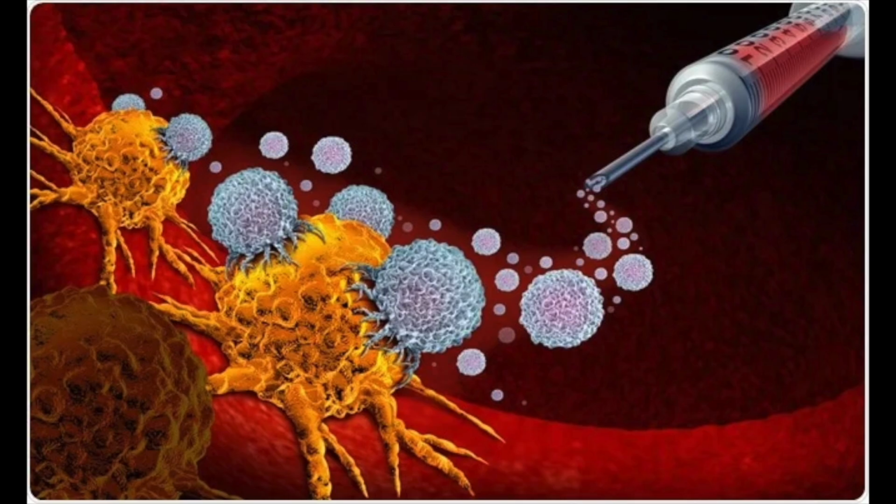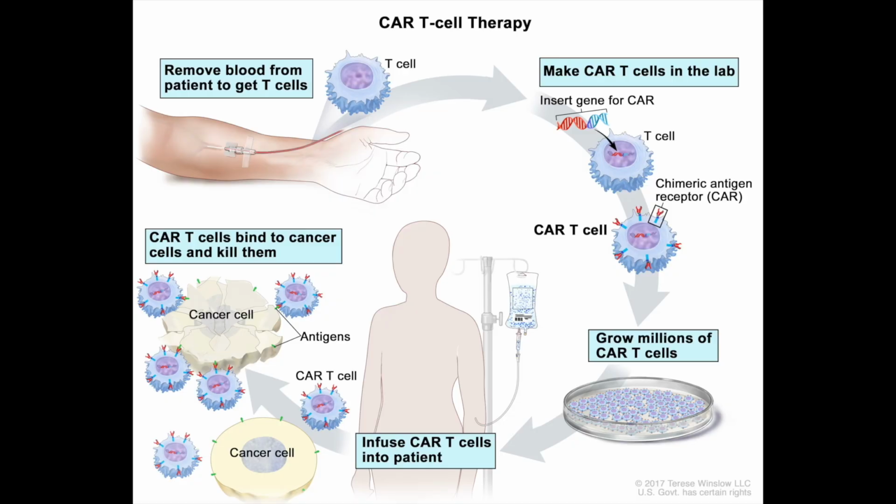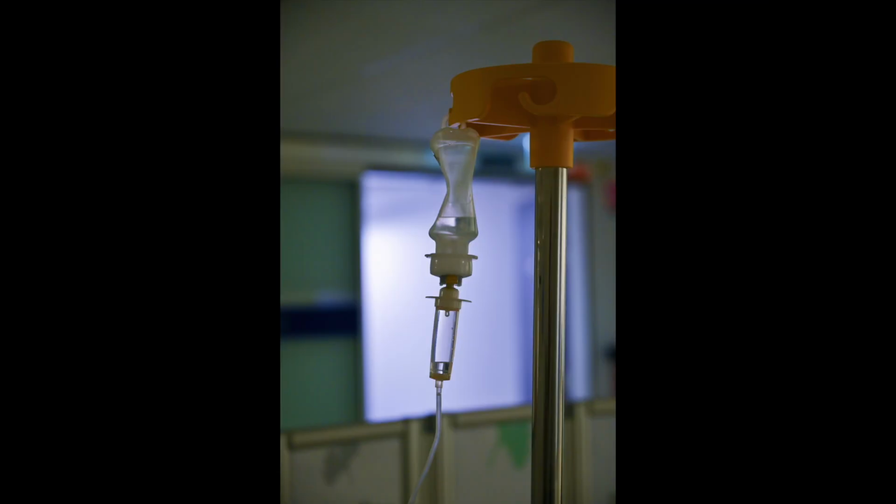CAR T cell therapy is a personalized treatment in which a patient's own T cells are genetically engineered to attack cancer cells. CAR T does not cause any hair loss on its own. However, patients often receive lymphodepleting chemotherapy before CAR T, which can cause temporary hair loss.